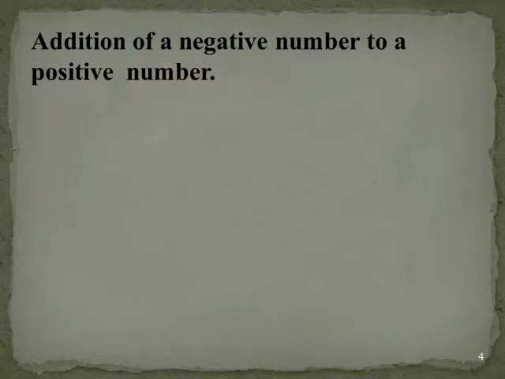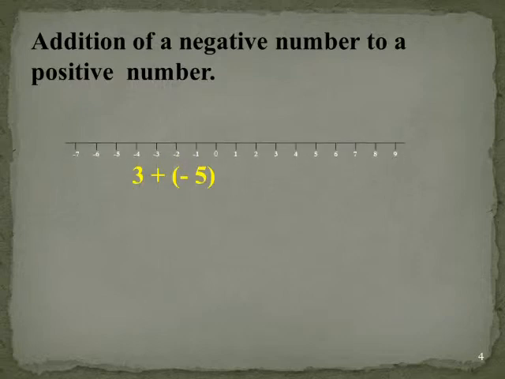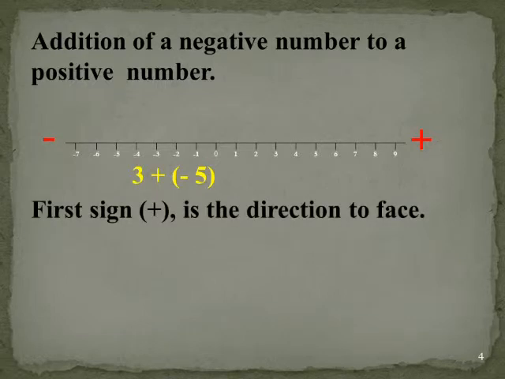Let's see what happens when we add a negative number to a positive number. So we have something like 3 plus negative 5. Let's look at our number line. We have the positive end of the number line and a negative end of the number line. Now what we're going to do, we're going to look at it this way. There's lots of different ways of doing it, but this is my favourite.